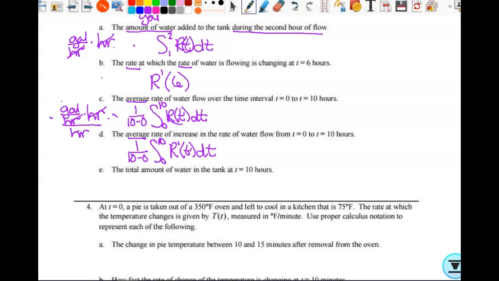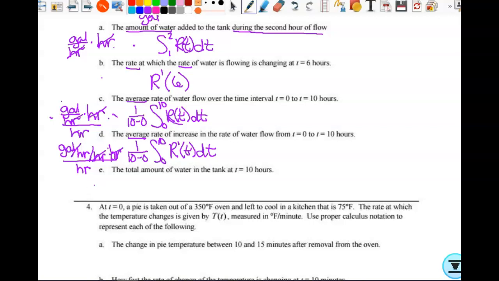So if you want to make sense of R prime of t dt, that's going to be gallons per hour times hours, so those cancel out, and then you divide by hours again. That's the rate of the rate. That's why I think analyzing the units sometimes can help you wrap your mind around it if you're lost in what you're doing.